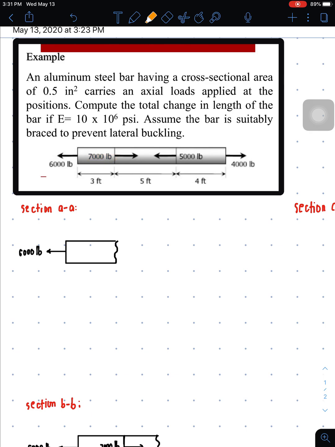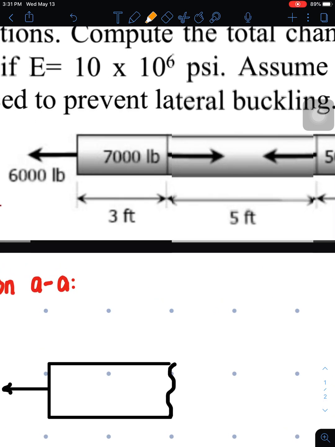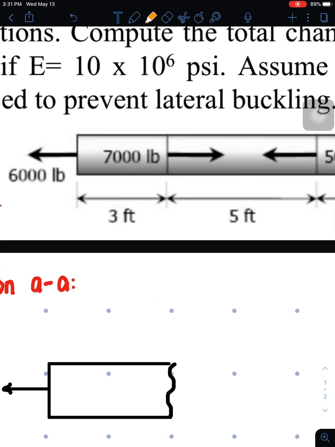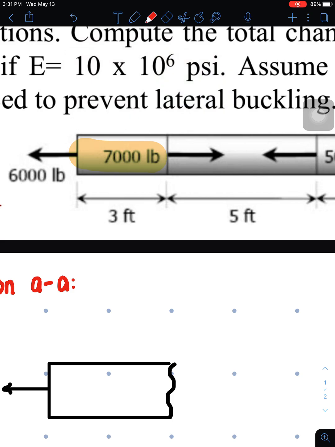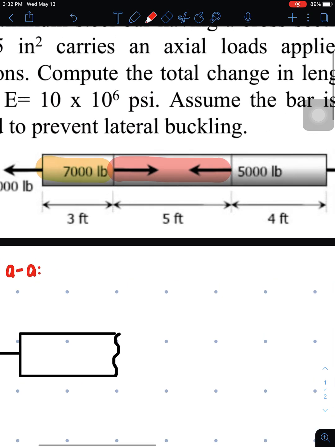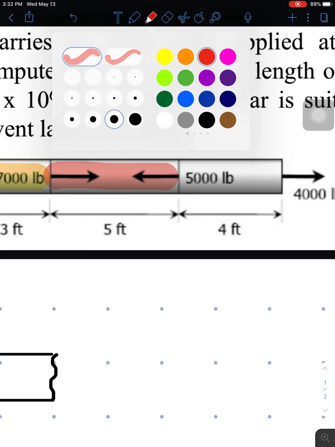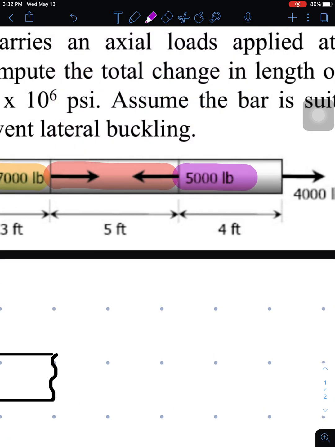Okay. Same as in our previous example on axial stress, we are going to consider sections, because in every material from this point to here, it will experience a different mode of stress from this material together with this other material here, because of the forces being applied. And the stress experienced in this material is also different.